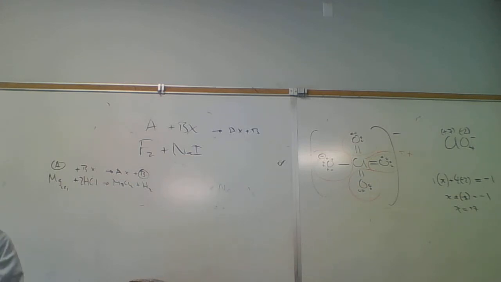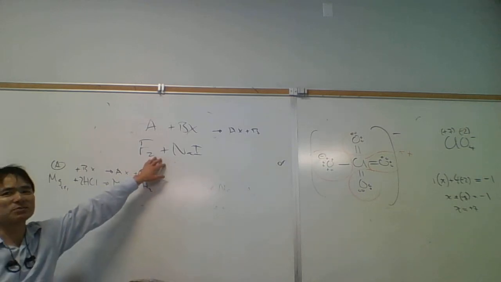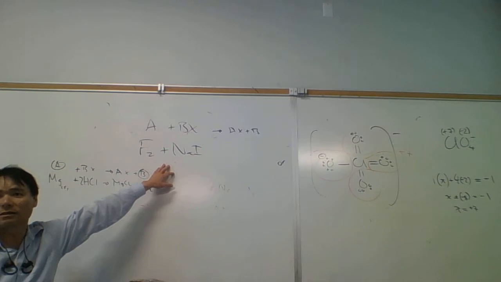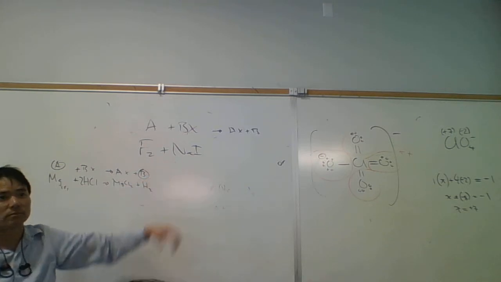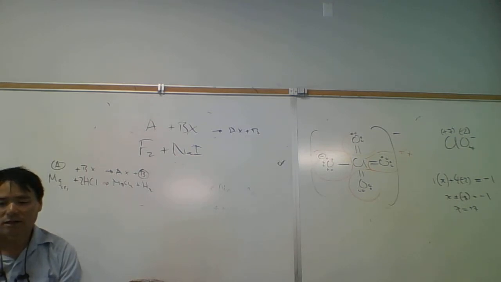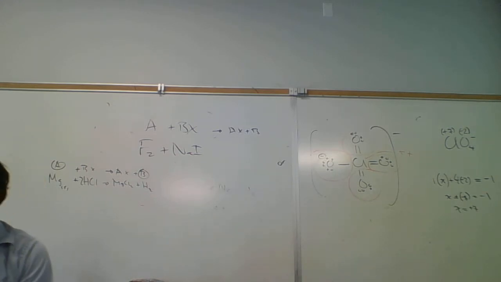But in this particular reaction, somebody might say that the director must be blind, because fluorine is the strongest. Fluorine's the strongest oxidizer on the chart, but who got the role of oxidizer? Sodium ion.